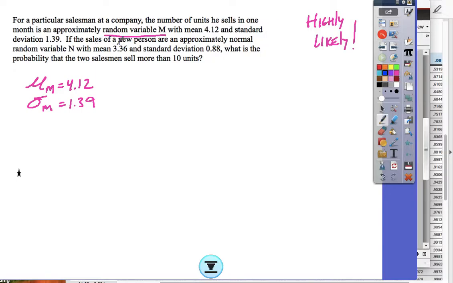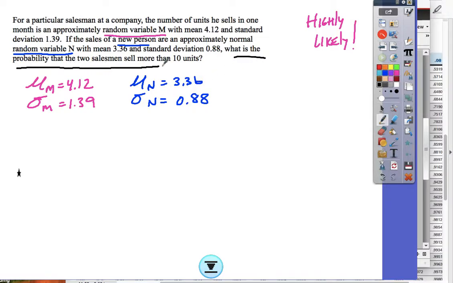Then we have a new person, and they also are a random variable n, and they have a mean of 3.36 and a standard deviation of 0.88. Okay, now the main heart of the problem is asking what is the probability that the two salesmen sell more than 10 units?